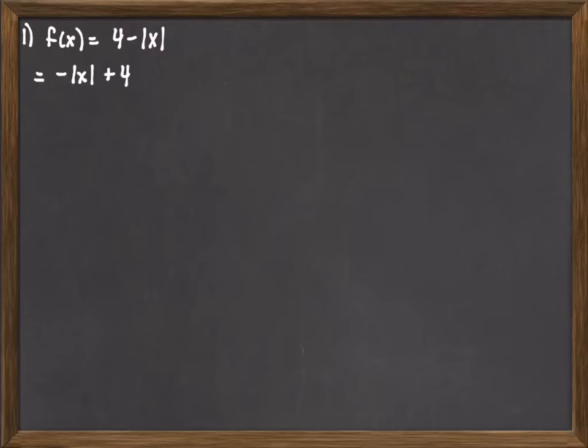So it's negative absolute value plus 4, and then we decode what kind of graph we have. It's an absolute value graph. The negative sign is going to cause us to flip vertically. And then the plus 4 is outside, so that's a vertical change as well. That's going to cause the graph to move up 4.